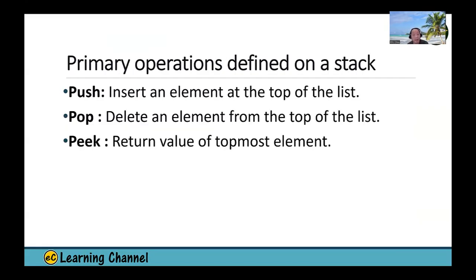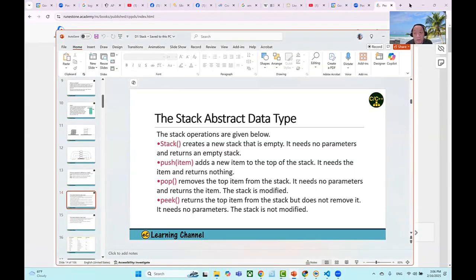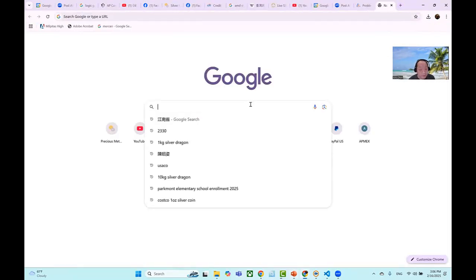C++ does have a stack, and we already taught you what a stack is, in chapter 12. In the STL, the standard template library, we already taught you what a stack is, with push, pop, and peek operations. For this part, we don't create a new stack.